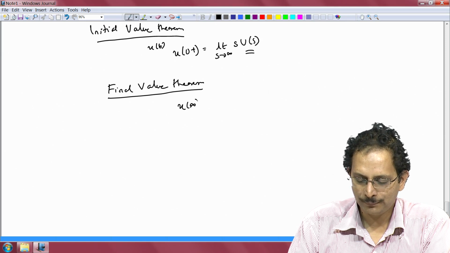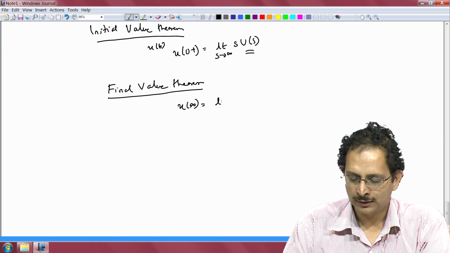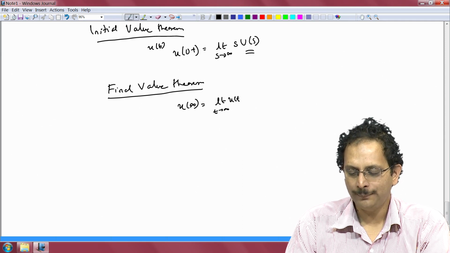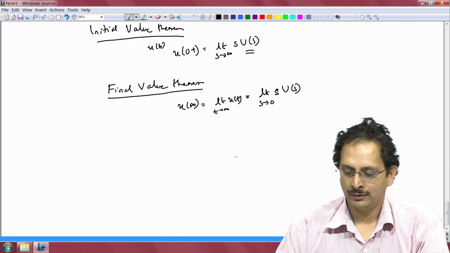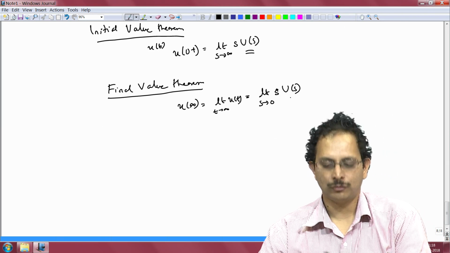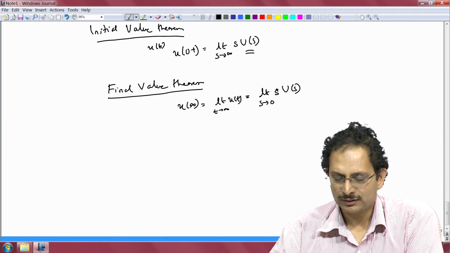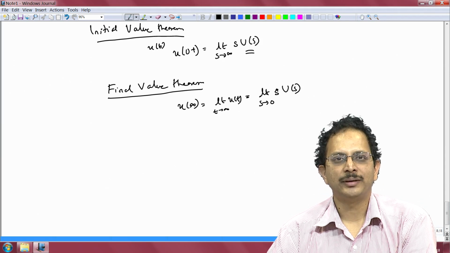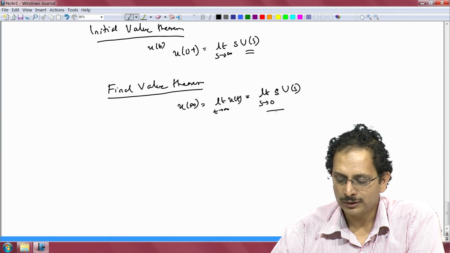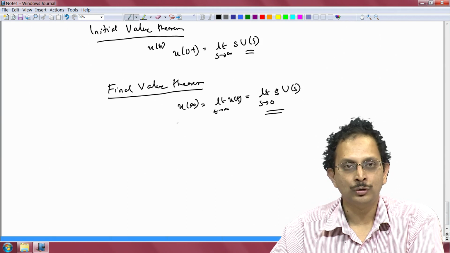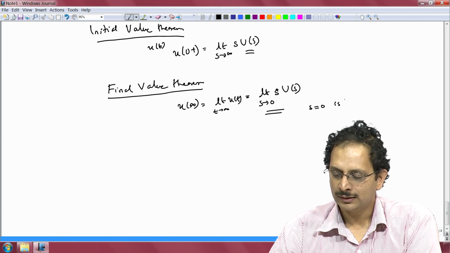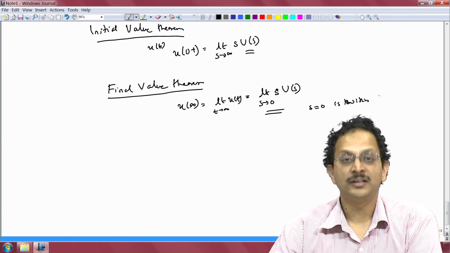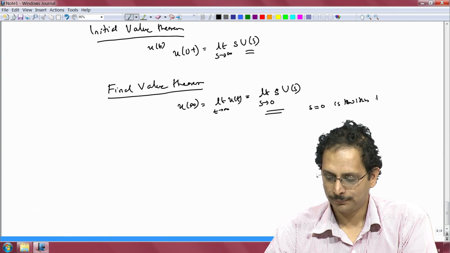So u(infinity), which essentially means the limit as t tends to infinity of u(t), is equal to the limit as s tends to 0 of s times U(s), where U(s) once again is the Laplace transform of u(t). However, the final value theorem needs to be taken with a pinch of salt, because this theorem is valid only for those signals u(t) for which the origin s equal to 0 is within the region of convergence of that signal.